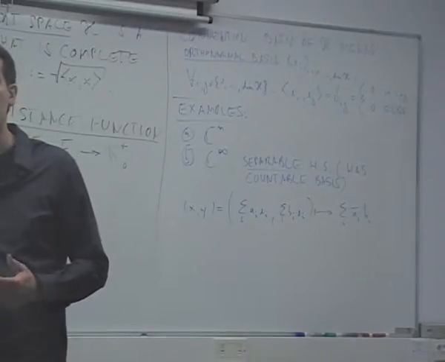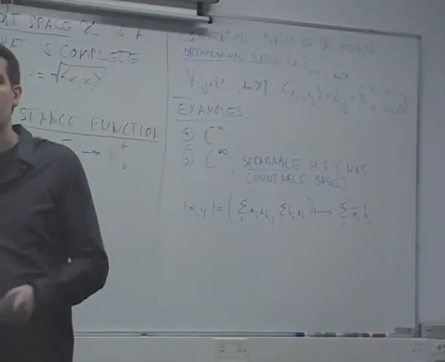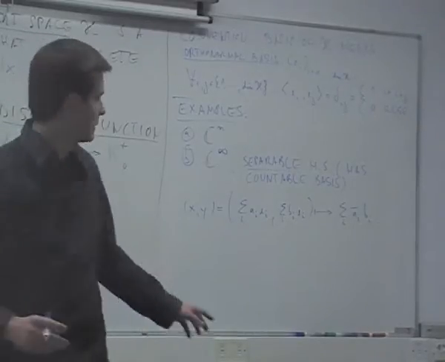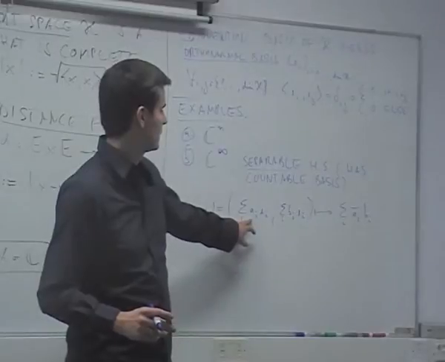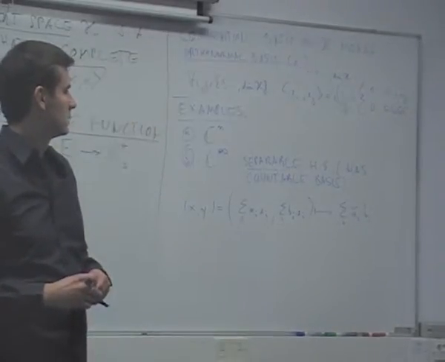In C infinity, do you restrict just to the L2 sequences? Do you just restrict to sequences which somehow have a convergent sum of squares?